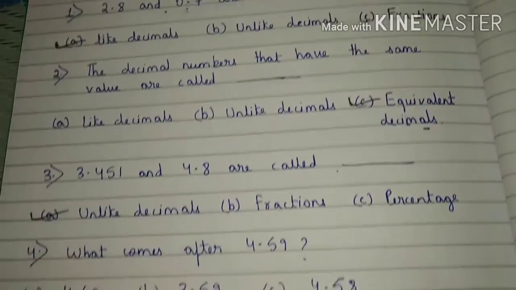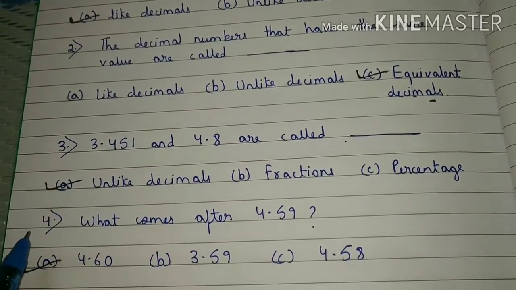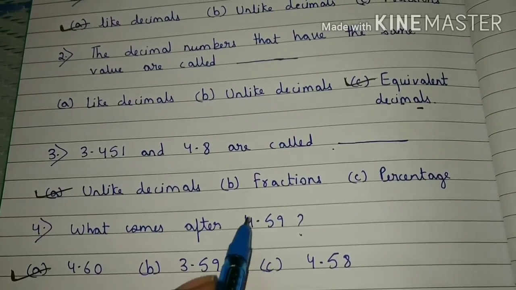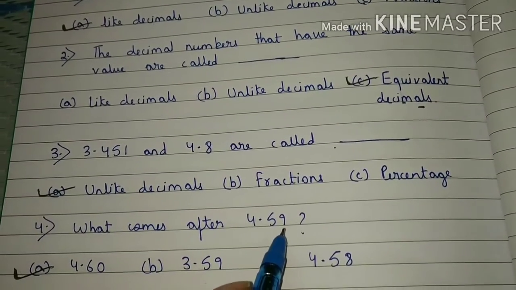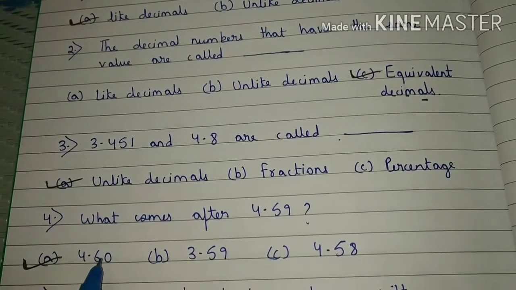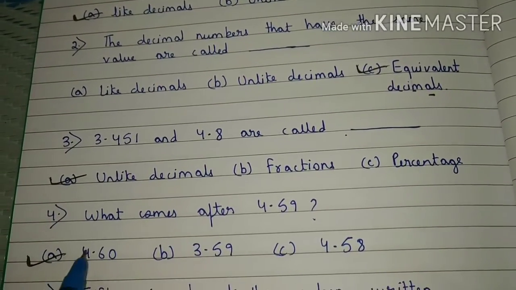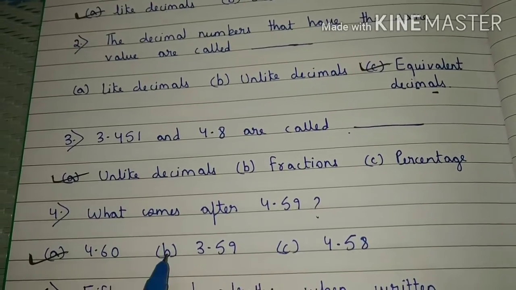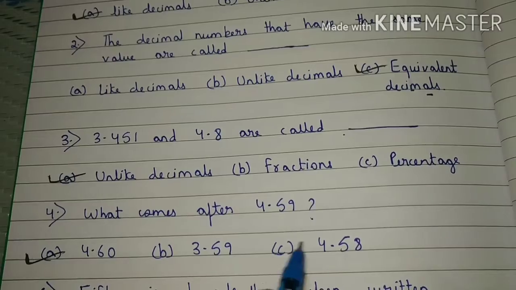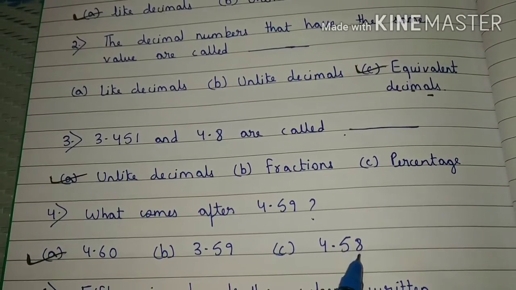Now students, come to question number 4. What comes after 4.59? You can see here three options are given to you. Option A 4.60, option B 3.59, option C 4.58.